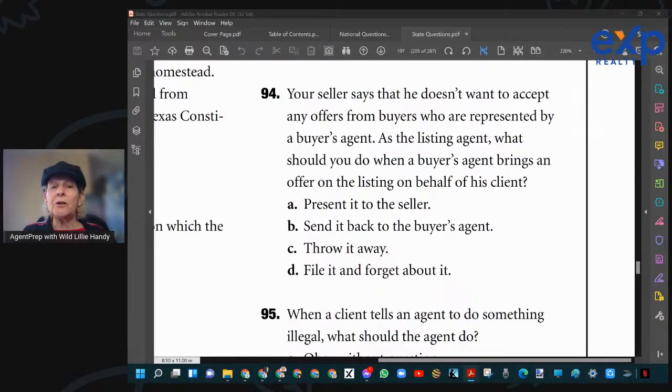All right, the answer is A. Present it to the seller. Even if the seller is going to get upset, our fiduciary duty is to present all offers as they come in to the seller. Now, if the seller puts it in writing and says, hey, I don't want to see any offers under a certain price, okay, well, we have it already in writing.